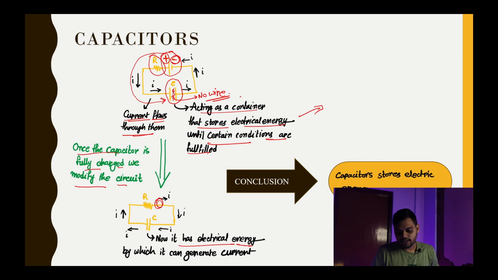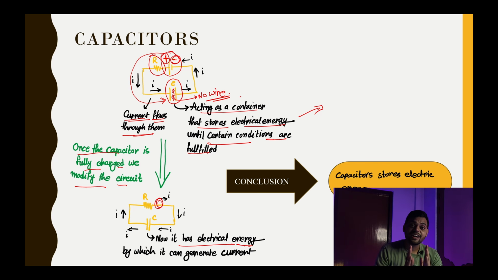At the initial time the capacitor was not charged. There wasn't any charge present in those plates of the capacitor. But once we charge the capacitor, we get the positive charges accumulated here and the negative charges accumulated here. So we got a potential difference in between them.